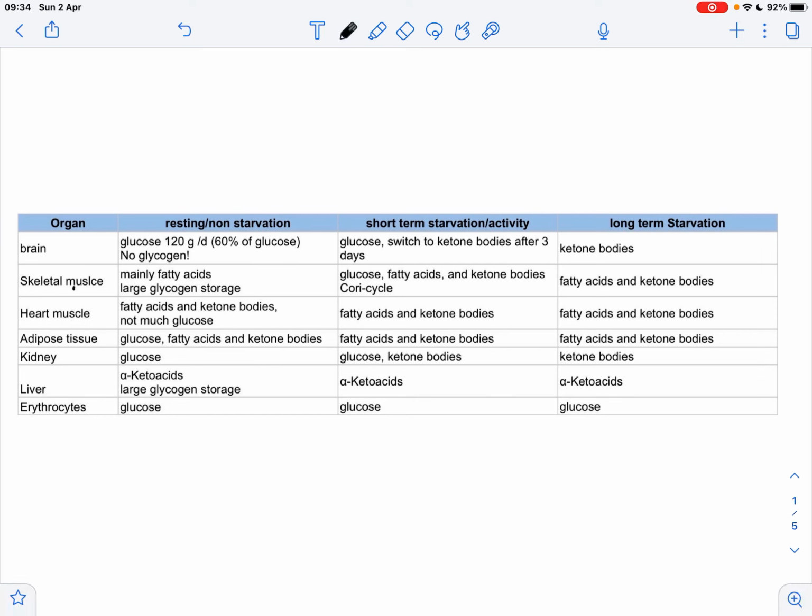The general scheme is that we've got the glucose in the first place, we go into glycolysis, which happens in the cytoplasm of cells, and the product of glycolysis will be pyruvate, and we get two NADH and 2 molecules of ATP. So a moderate amount of ATP, but it's better than nothing.